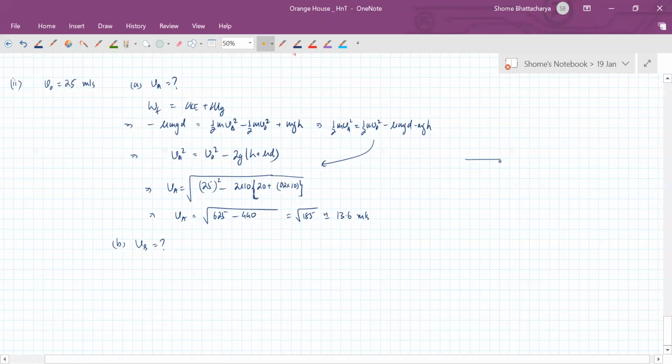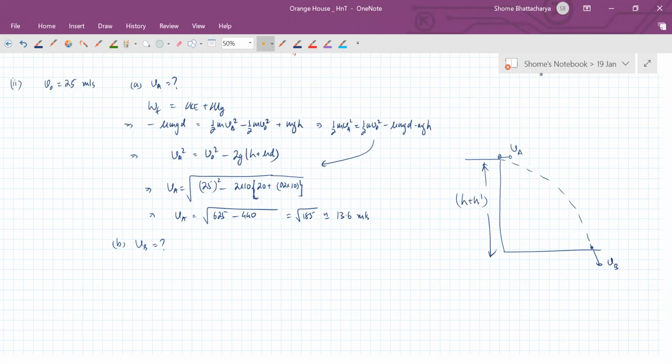Now the second part, to find the VB, it's very simple.